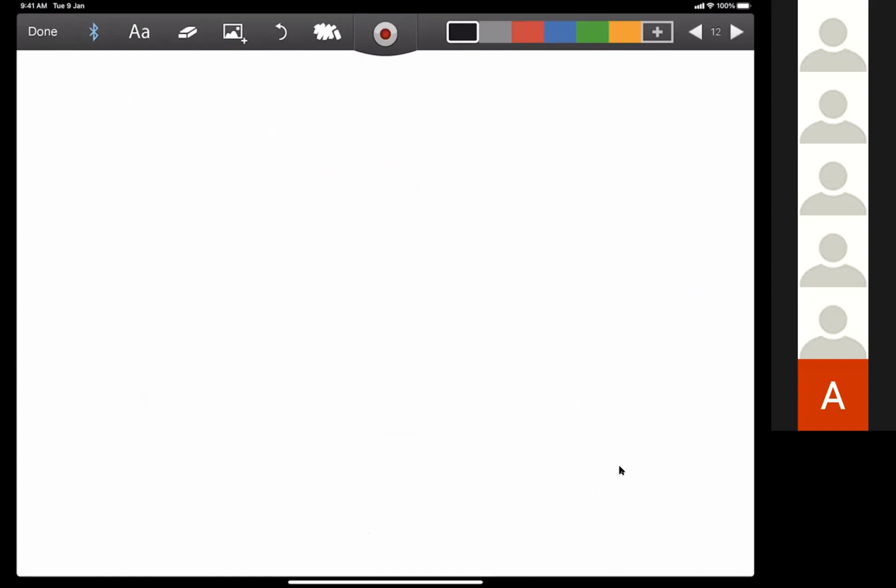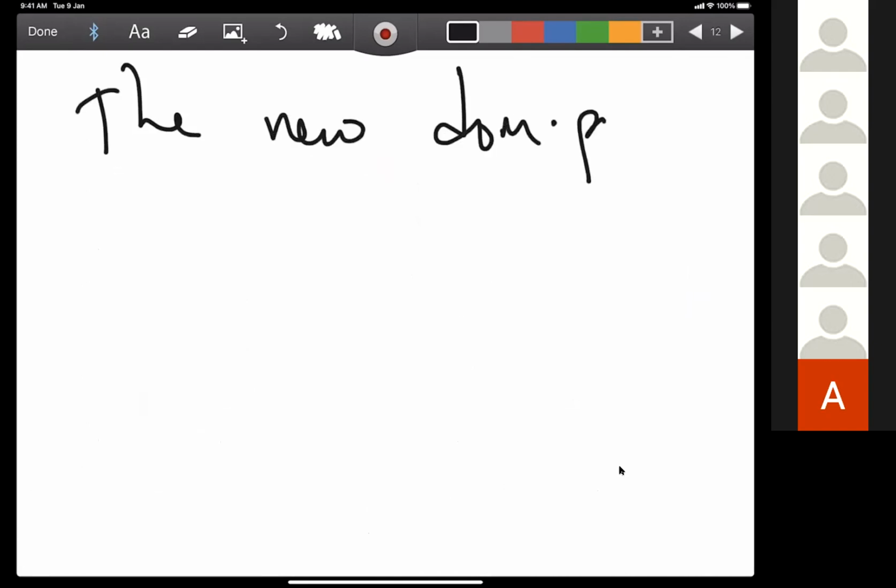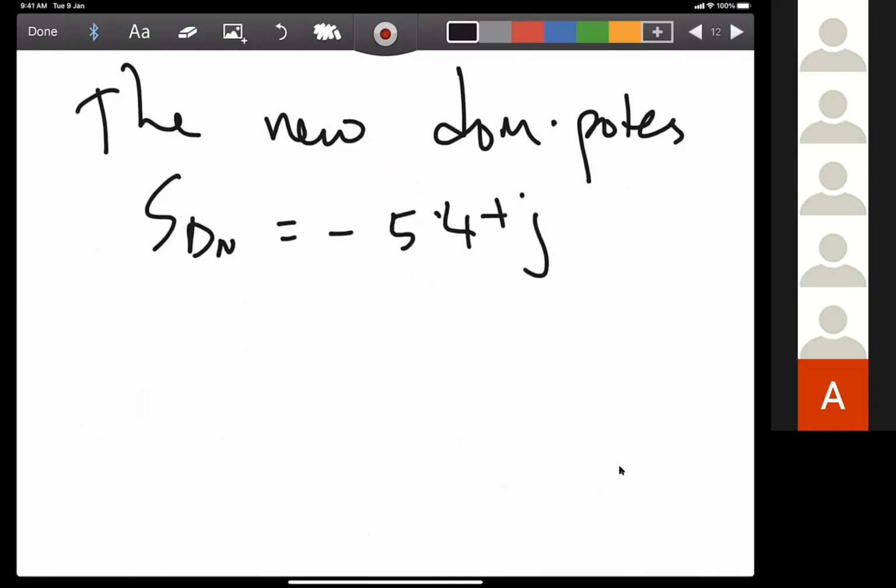So the new dominant pole is SD new, minus 5.4 plus j 7.39. Okay.